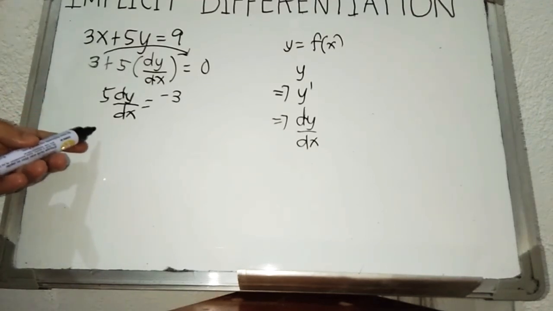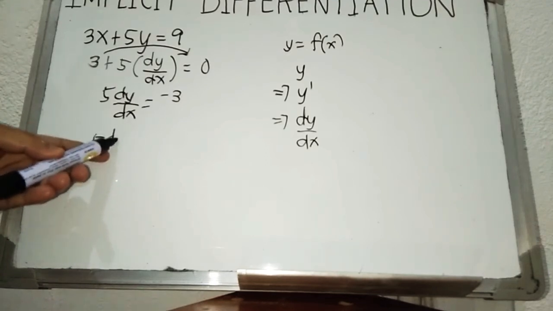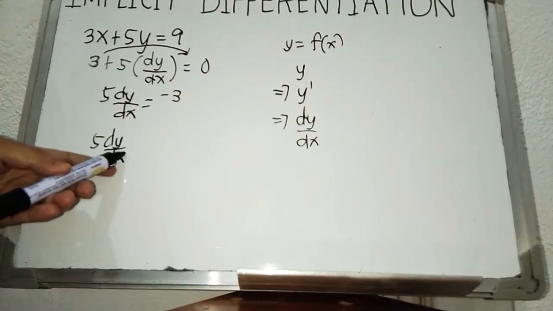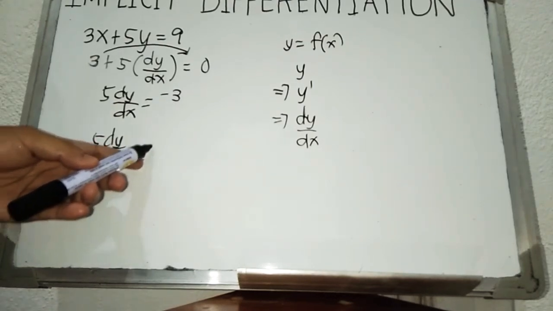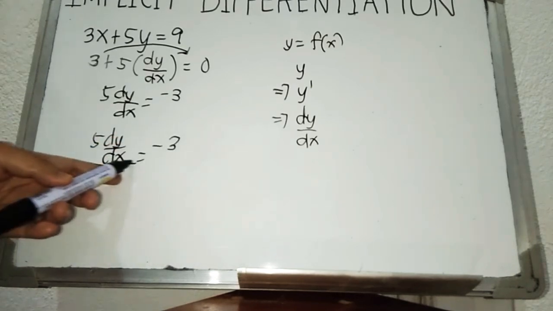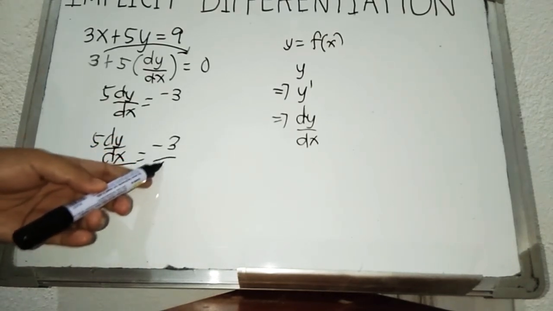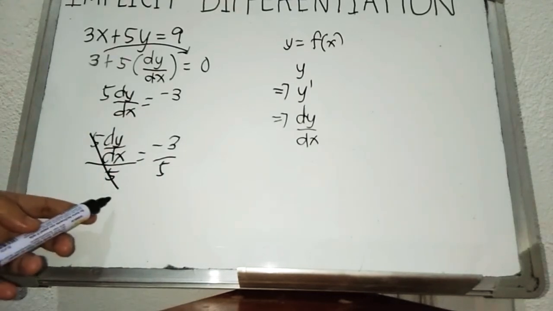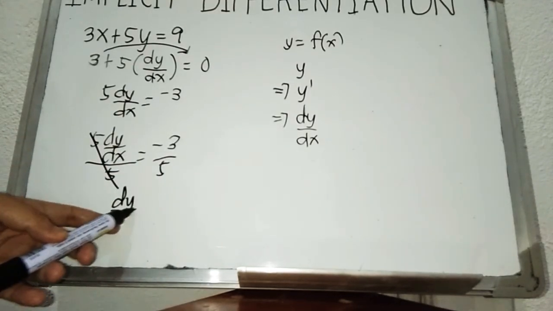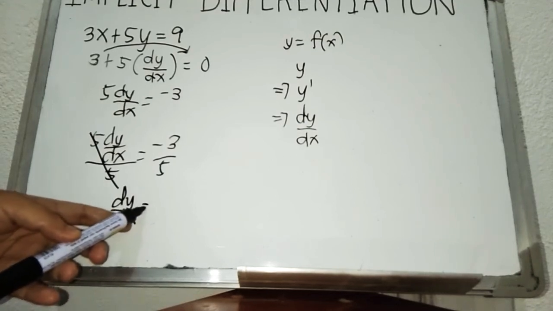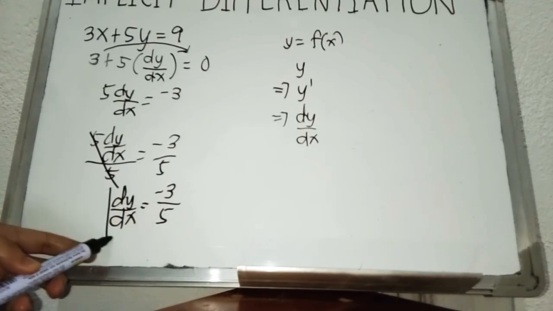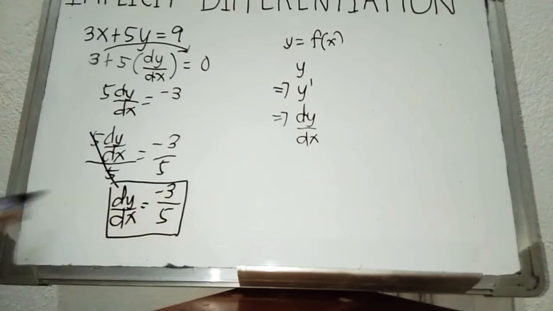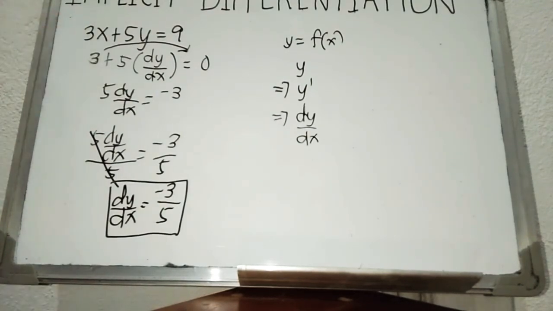So 5 dy over dx is now equal to negative 3. All we have to do is to divide both sides by 5 and then cancel 5, and then we have here dy over dx is now equal to negative 3 over 5. This is now our derivative coming from an implicit function.